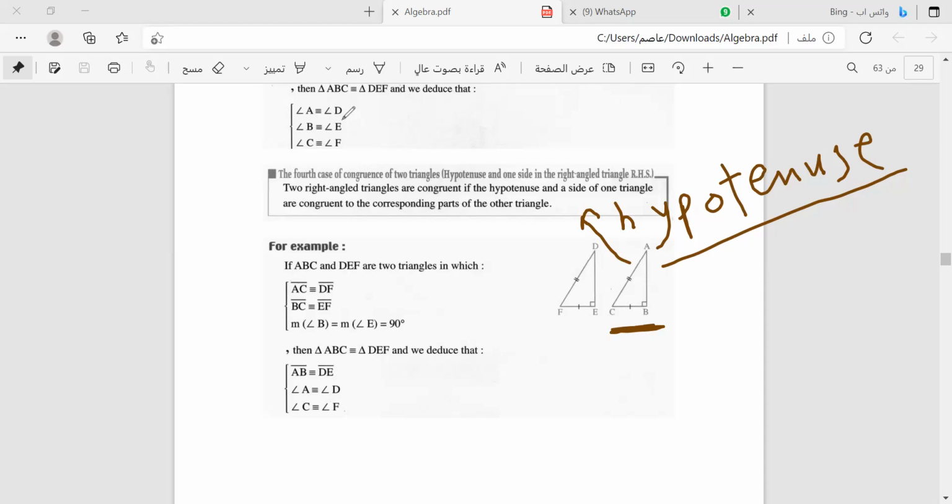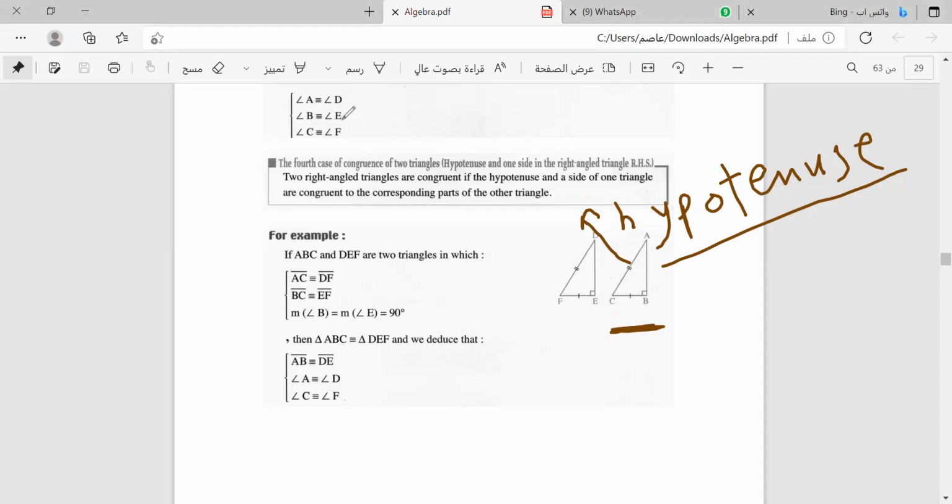In the fourth case, we took two right angle triangles. So we say that two right angled triangles are congruent if the hypotenuse and a side of one triangle are congruent to the corresponding parts of the other triangle.